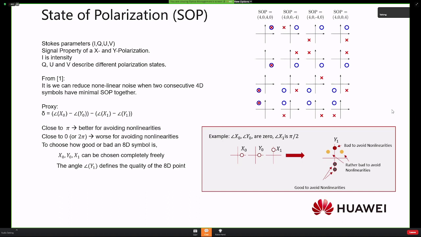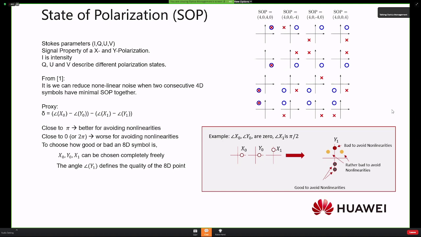So you see 2 QAM or QPSK symbols. Here they're on top of each other, and there you have one here and one here, for example. You see that the state of polarization looks the same for one row.